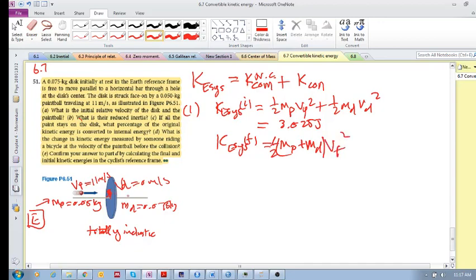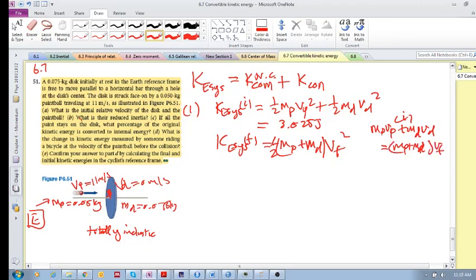What is the final velocity of this system? We can just use conservation of momentum: m of the paintball times velocity of the paintball, plus m of the disc times velocity of the disc, the initial state, is equal to the total inertia times the final velocity.